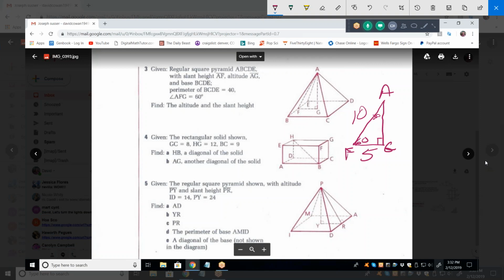AG would be, well, 100 minus 25 equals 75. So square root 75. So it would be 5 square root 3. Okay. Actually, there is a better way to do those 30, 60 triangles. Let me just point it out to you because once you learn this better way, it's the only way you'll use.